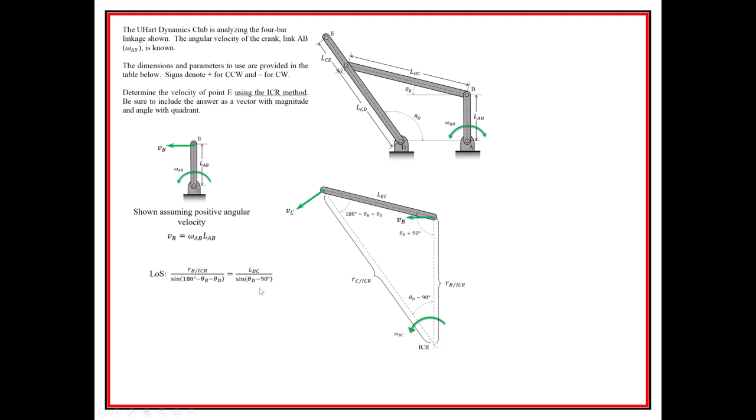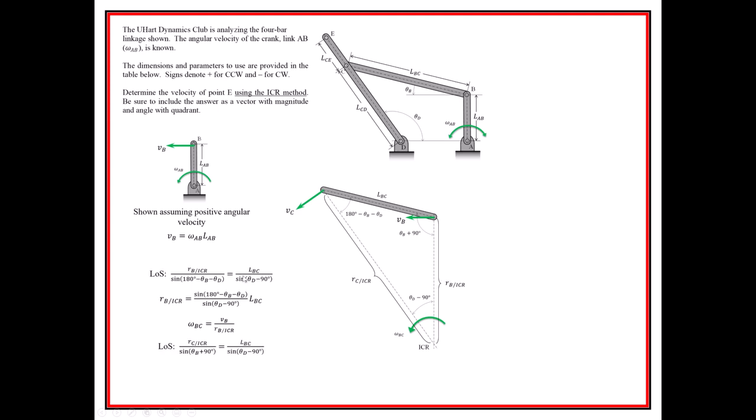And so using the law of sines, we're able to find the relative position vector from B with respect to ICR using those interior angles. And then we're able to find omega BC by taking the velocity of B that we found up here and dividing it by the leg of this ICR.